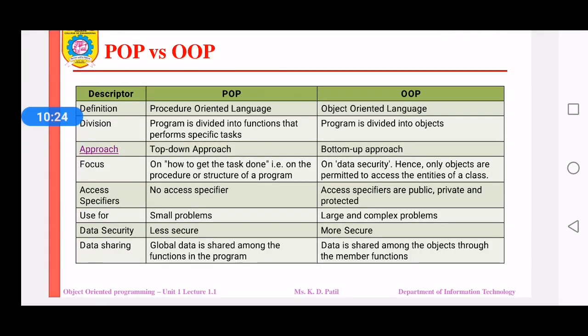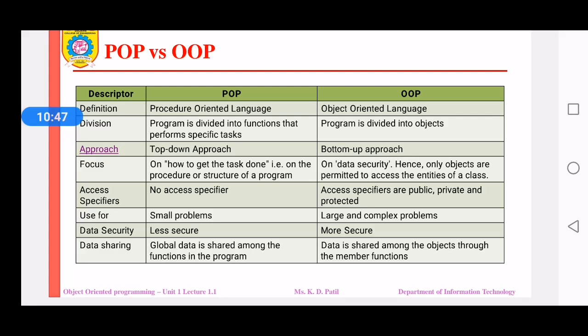As we have already seen, procedure-oriented programming and object-oriented programming can be seen as POP or OOP. In procedure-oriented programming, the program is divided into functions that perform specific tasks, whereas in object-oriented programming, the program is divided into objects.